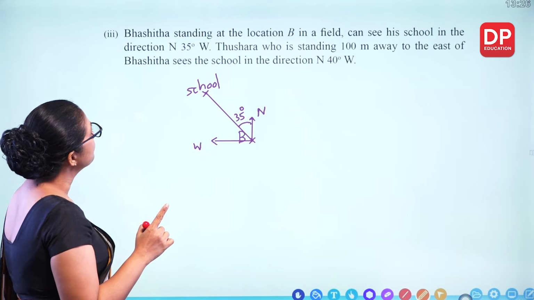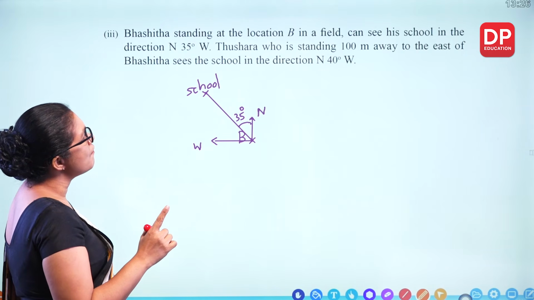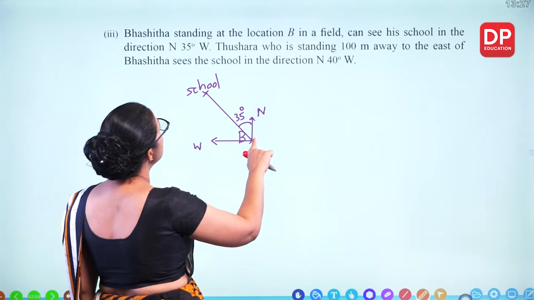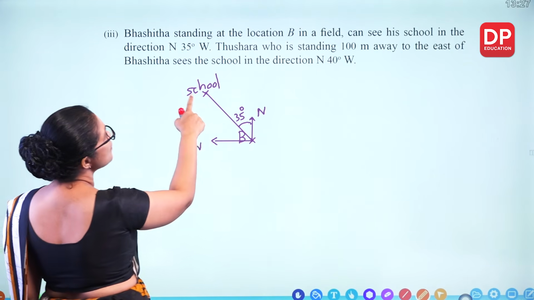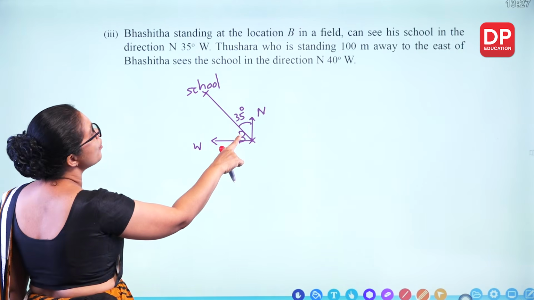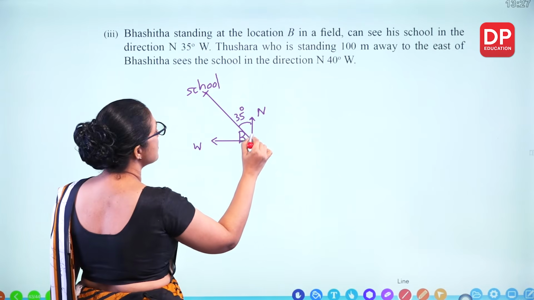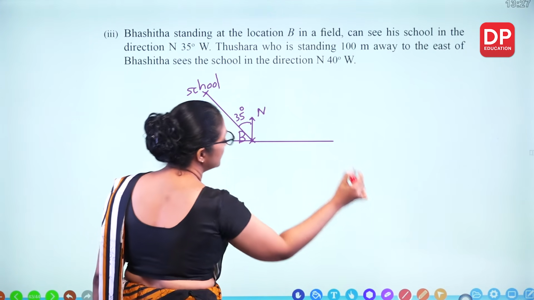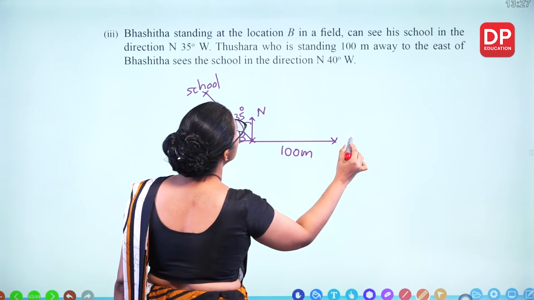That's Bashita. Tushara, who is standing 100 meters away to the east of Bashita. 100 meters away. So now what's the distance here? We don't know the distance from school to Bashita's place. So not given. Tushara, who is standing 100 meters towards east side. That's 100 meters. This is 100 meters and this is Tushara.